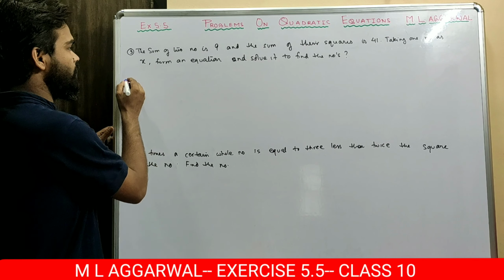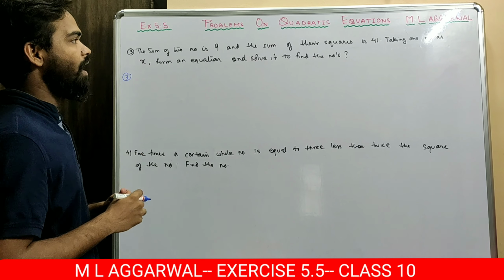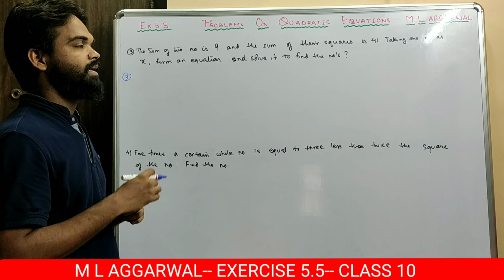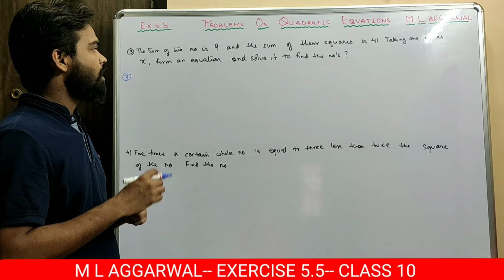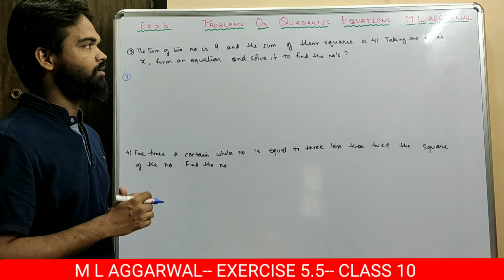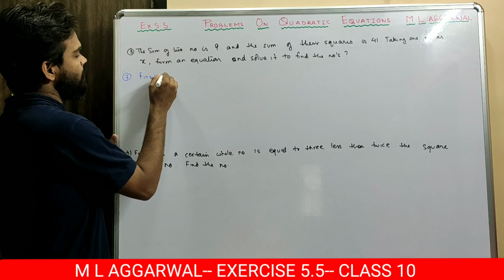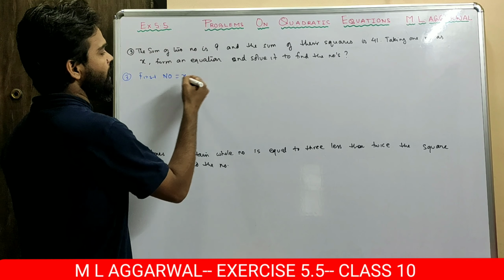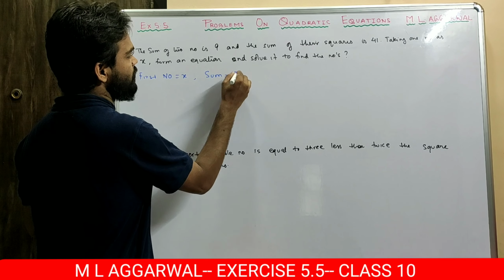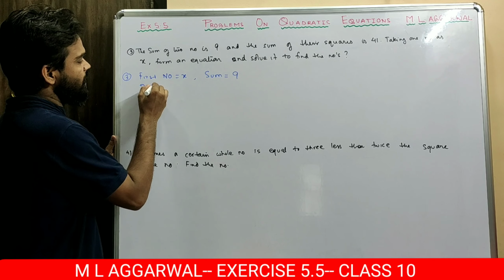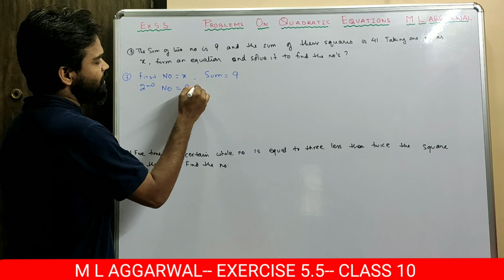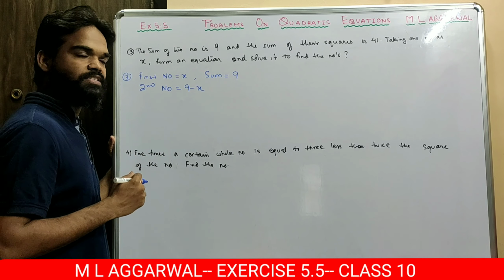Now look at sum number 3. The sum of two numbers is 9 and the sum of the squares is 41. Taking one number as x, form an equation and solve it to find the numbers. Definitely your first number is x, and we know the sum of the numbers is 9. So your second number has to be 9 minus x, the sum minus the first number.